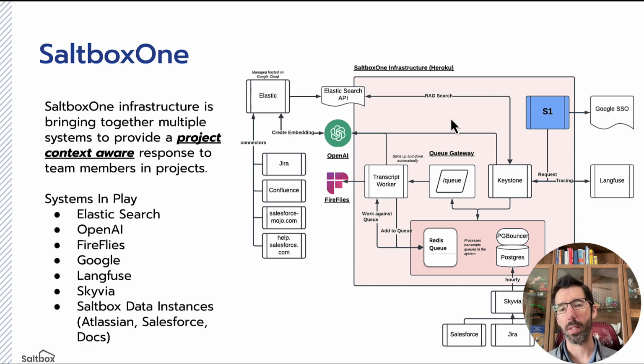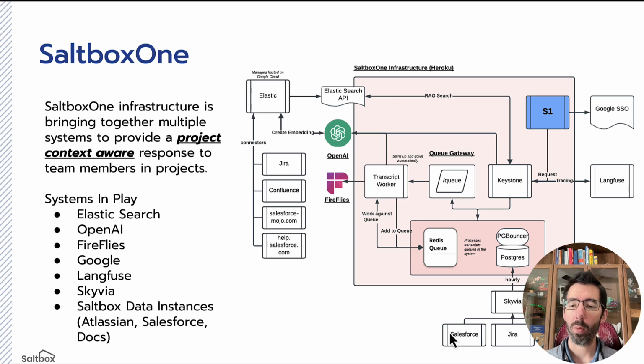So again, behind the scenes, this is all within our Saltbox One infrastructure. We have our interface, which is S1. Behind the scenes, we have an application called Keystone. Keystone is our app that does all of the handling of the requests, and it connects into OpenAI, into RAG, and all the things that allow us to actually make this work.